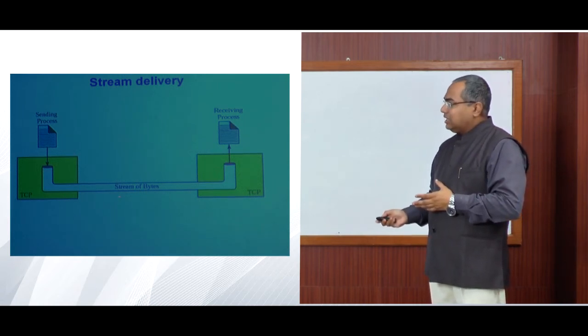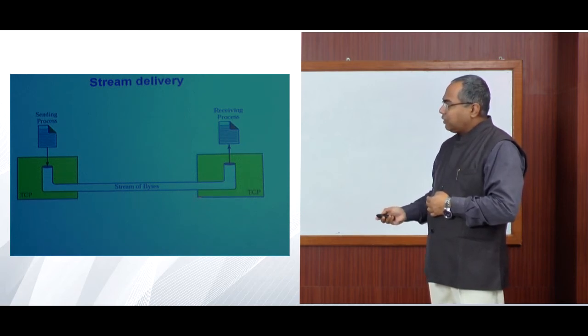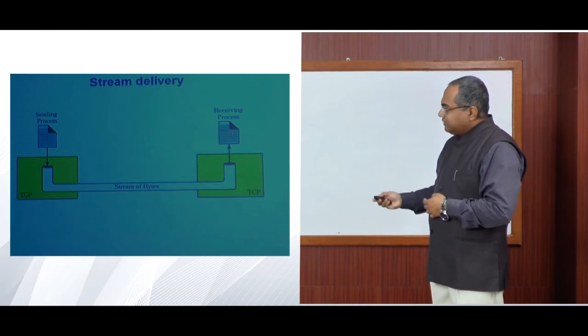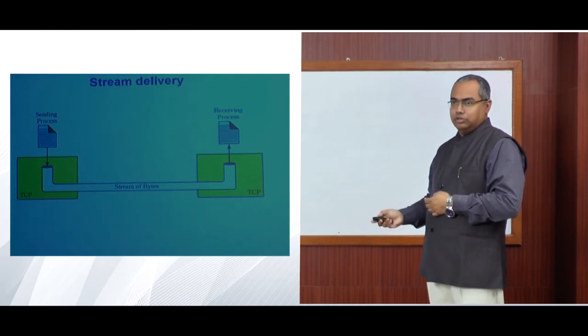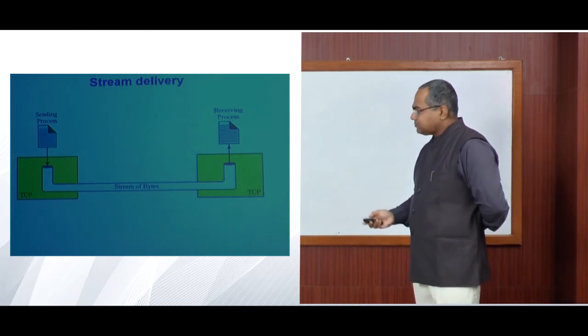TCP creates a logical pipe between the sending process and the receiving process, and that pipe will be used for getting the reply back. When it replies back, I hope we understand, this becomes my sending process, this becomes my receiving process when I am getting the reply back from the Google application server.